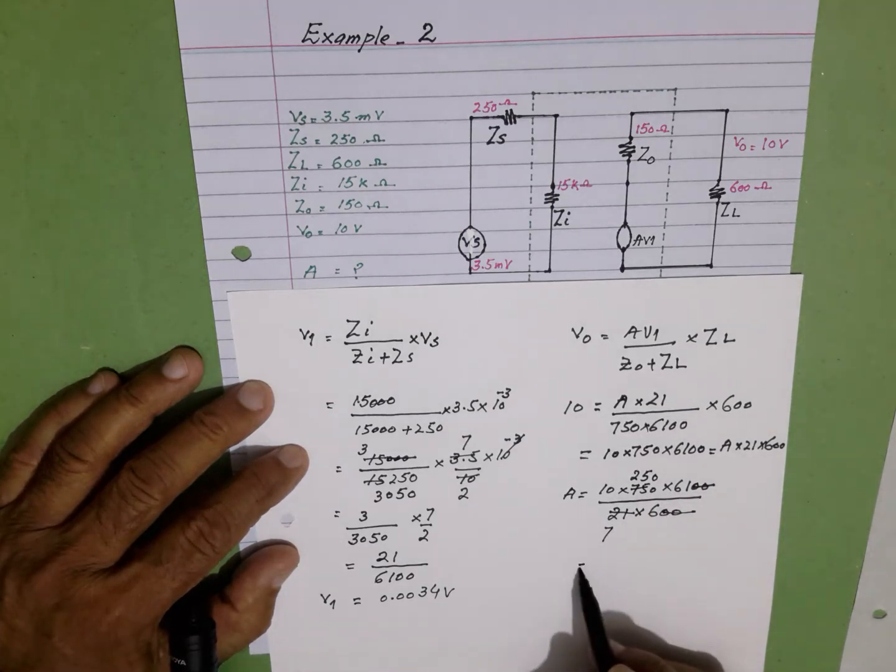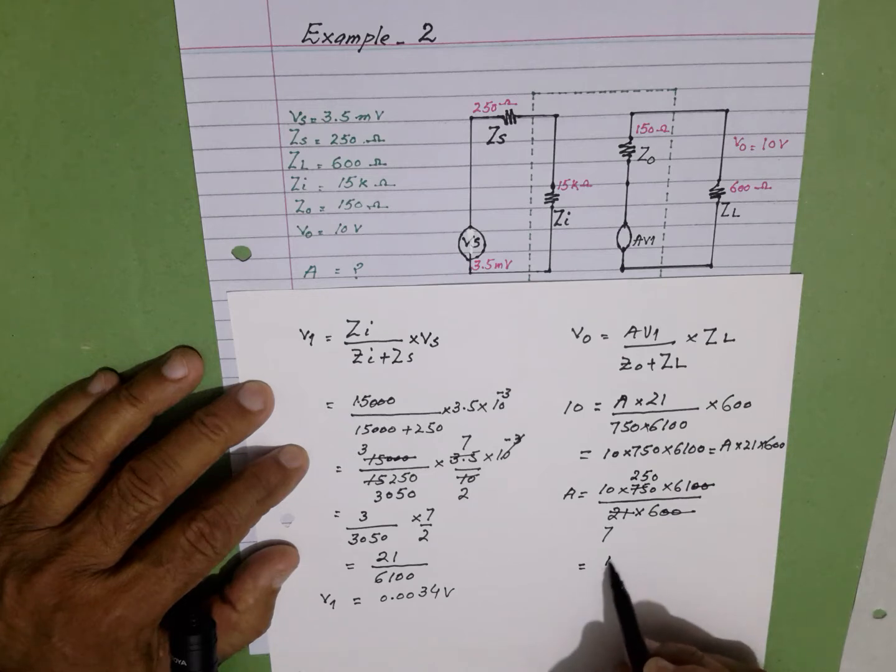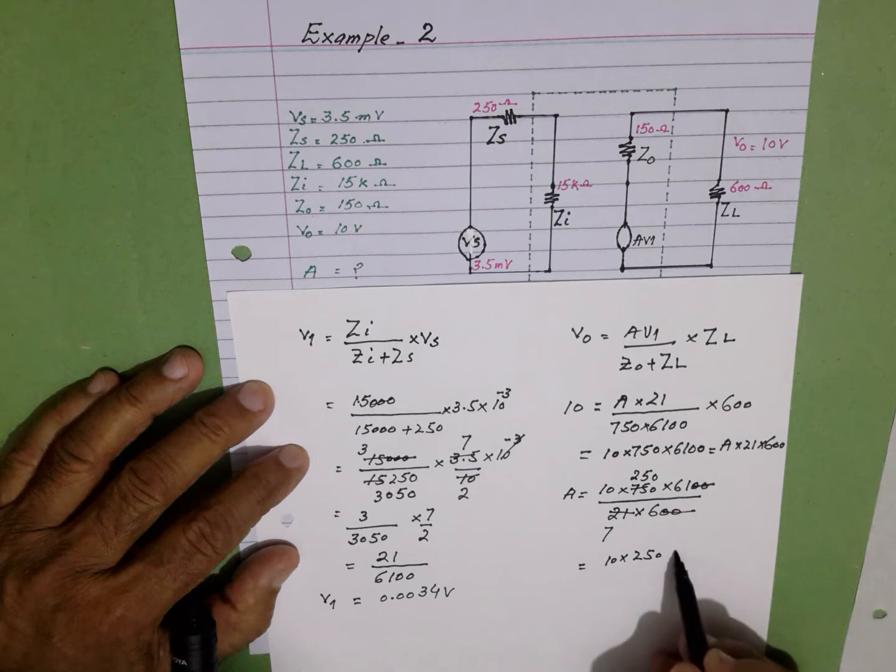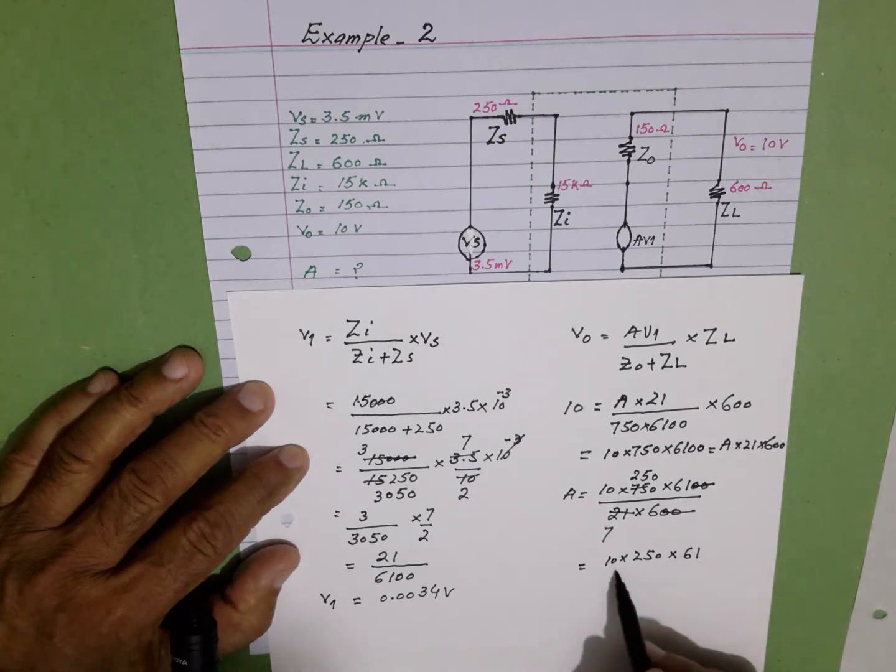Now we have 10 times 250 multiplied by 61 divided by 42, or we can write 2500 multiplied by 61 divided by 42.